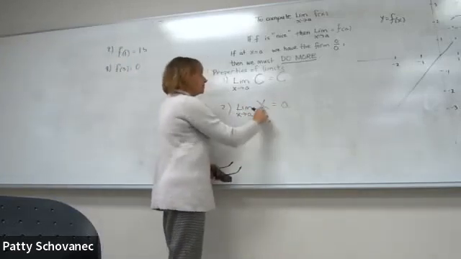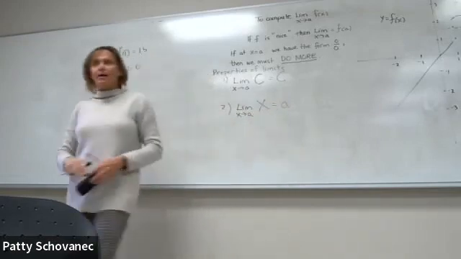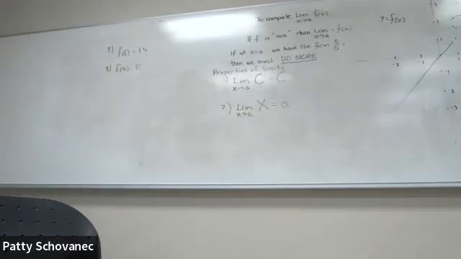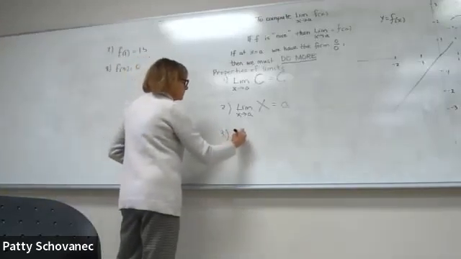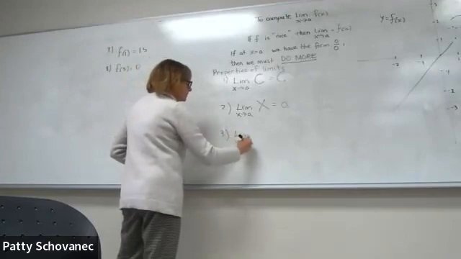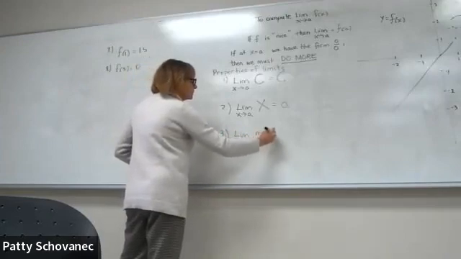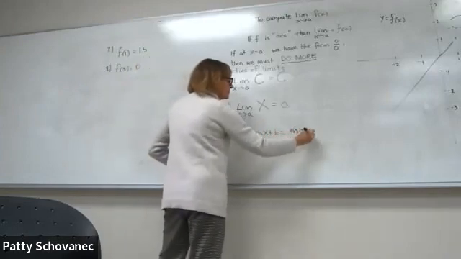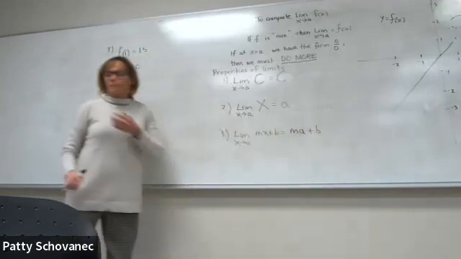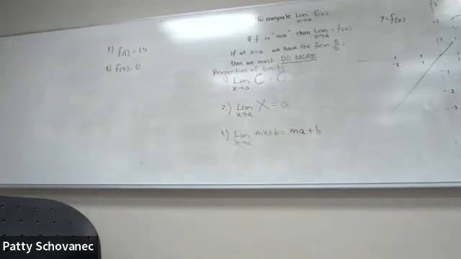That's essentially, if you can plug the number in and get a number back out, then that's your limit. So if we have any kind of linear function, just plug that number in.